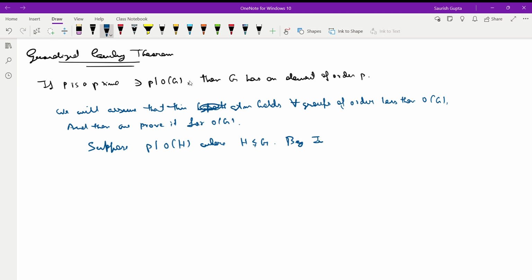By induction hypothesis, there exists some X in H such that the order of X is equal to P. Because we have assumed that this statement holds for every group which has order less than G. So if I get a subgroup of G such that P divides its order, then by induction hypothesis that subgroup must contain an element of order P. But if X is in H such that the order of X is P, this obviously implies that X is in G such that the order of X is P, because H is contained in G. Therefore it's a trivial case.